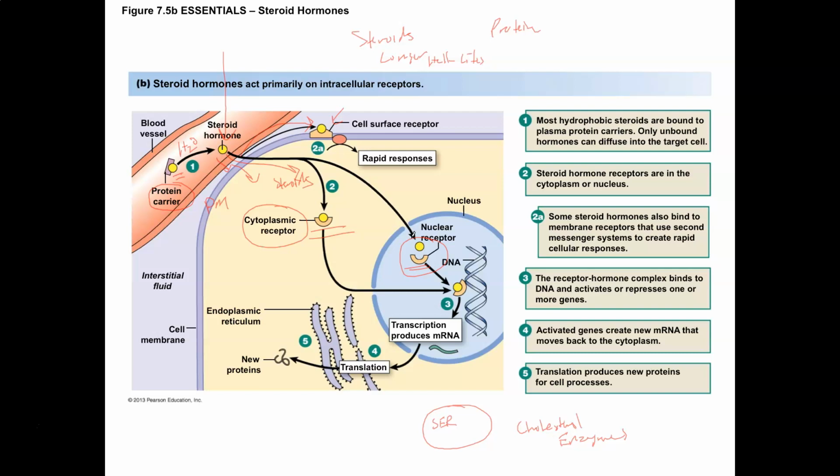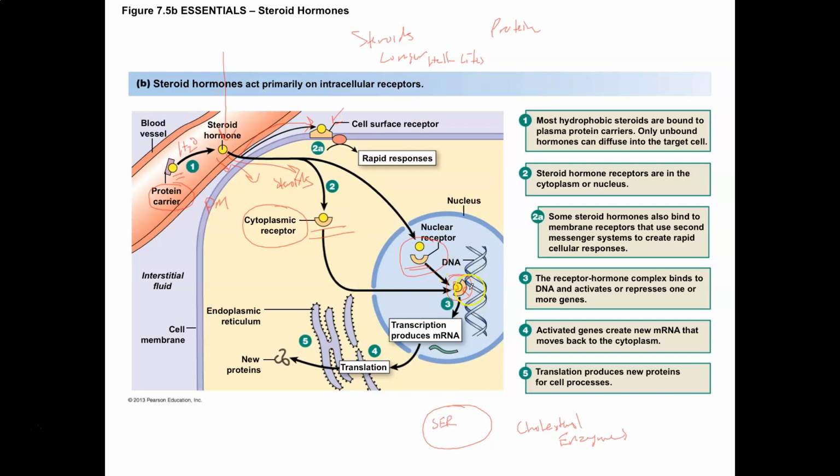It's getting the steroid into the target cell and then binding to receptors that are either in the cytoplasm or in the nucleus. Once the steroid has interacted with a receptor, it actually becomes what's known as a transcriptional factor. So if we look at this portion of the diagram, here we have the steroid, I'll mark it with S, and then we have its receptor.